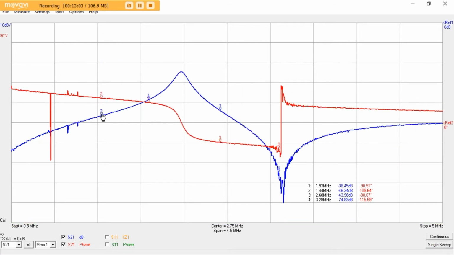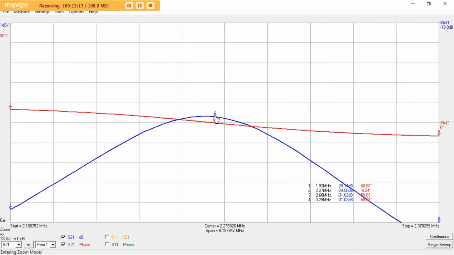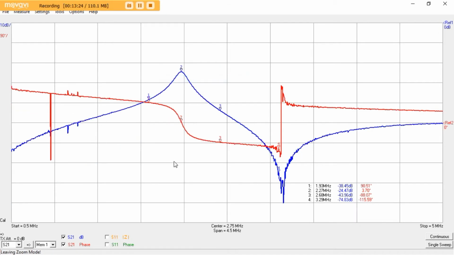And we adjust our marker back up to the top. 2.27. So very close. See if we actually are at the top. There. 2.27 megacycles.